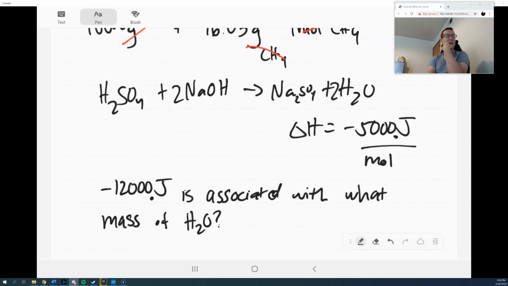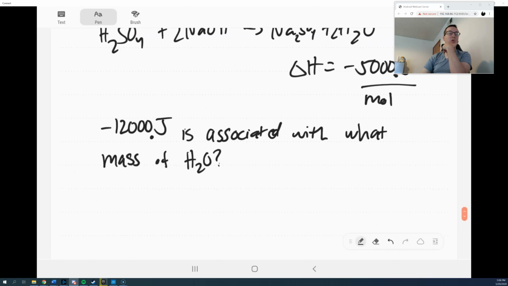How are we going to go ahead and use this information? So we always want to start with what you know, right? The only number we're given to start is negative 12,000, right?